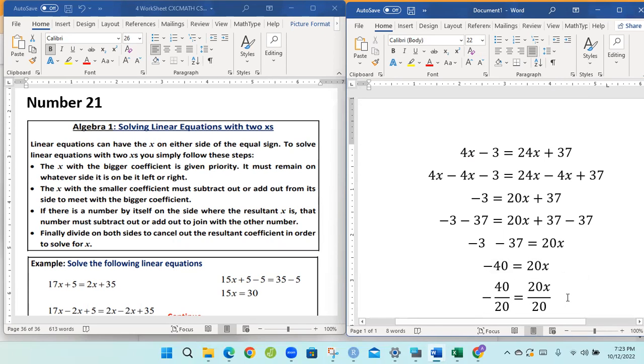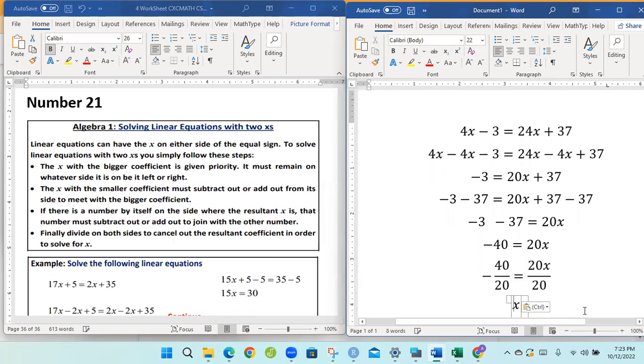A negative divided by a positive is a negative. So we're going to have x is equal to negative 2. So x is a number whose value is equal to negative 2.